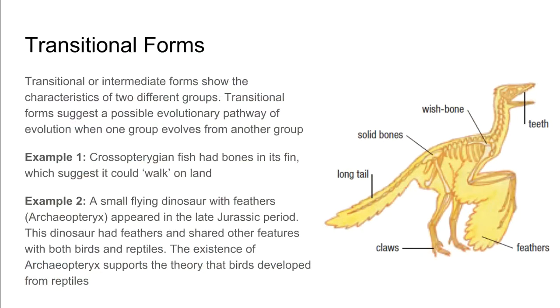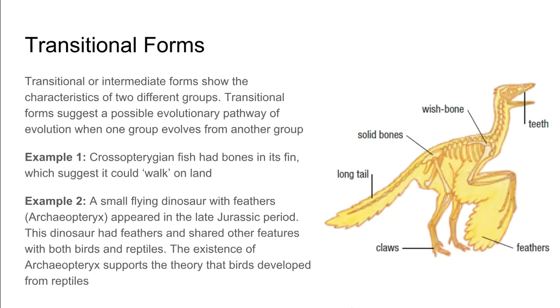Transitional forms are something we can find in our fossils. We find evidence of them in our fossils, and these show the characteristics of two different groups. These suggest a possible evolutionary pathway where one group evolves from another. One example is the crossopterian fish, which has bones in its fin, which suggest it could walk on land.